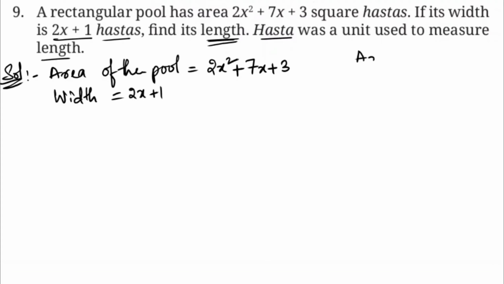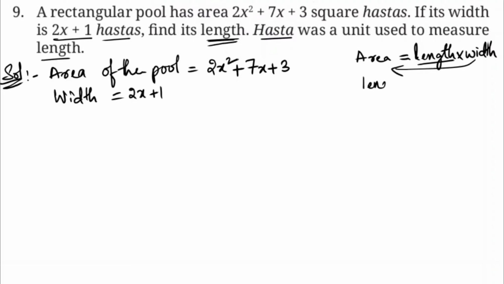We know the area formula. Area is equal to length into width. Now we need to find out the length. So what we can do, we can send width down.